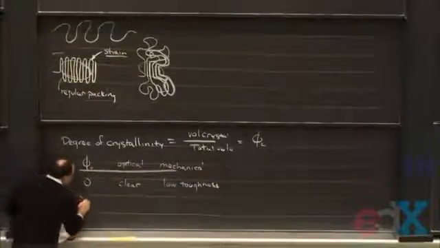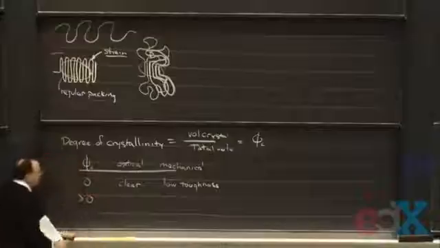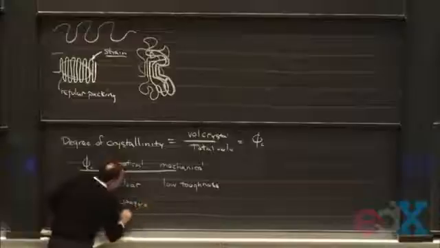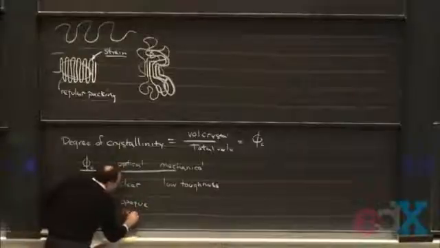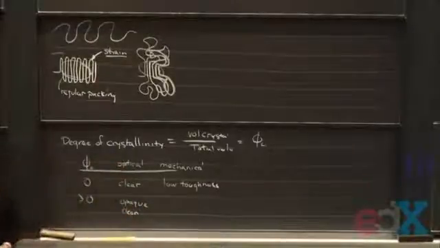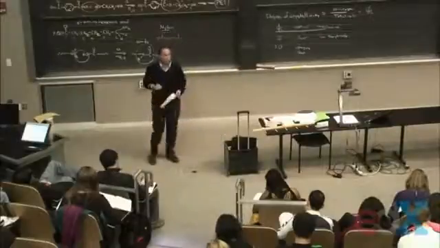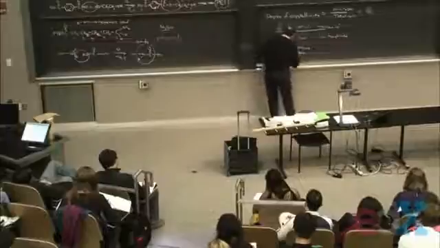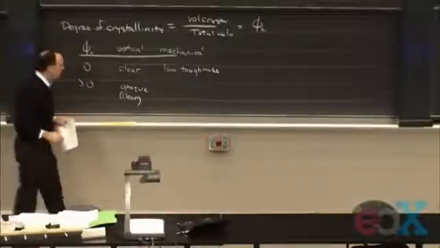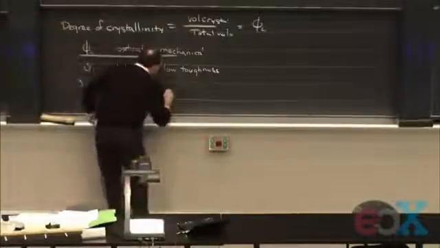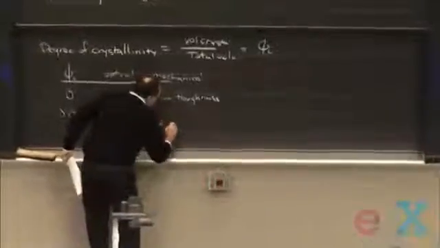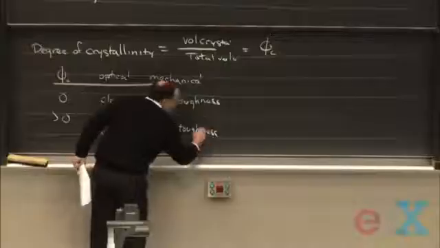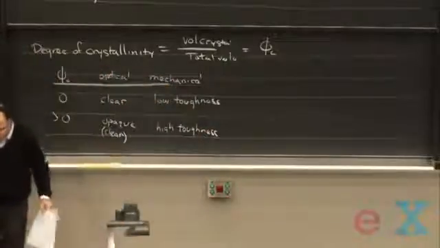With greater than 0, they can mostly be opaque. Not always. They can be clear, but that's only when the crystals are much smaller than the wavelength of light. Sometimes. But generally they're opaque. And they have better mechanical properties, high toughness. High impact resistance, for example.